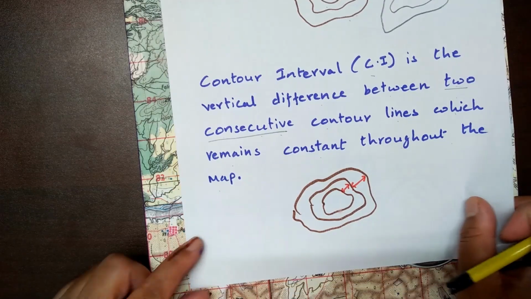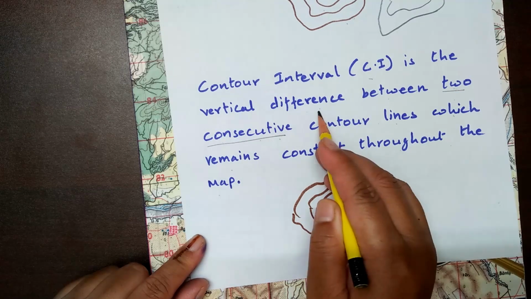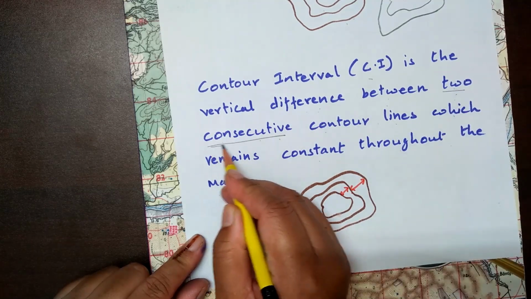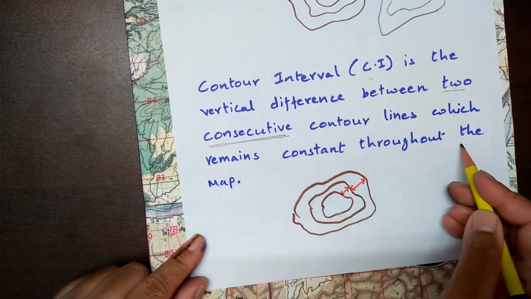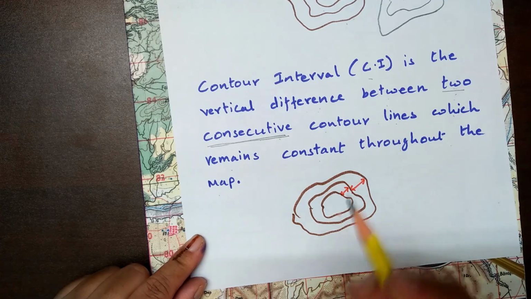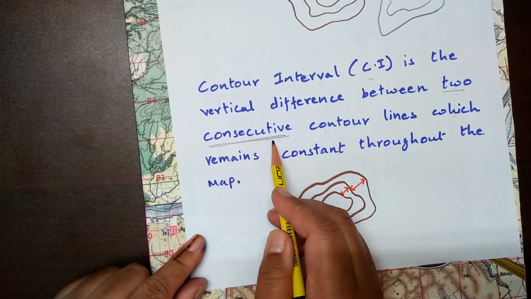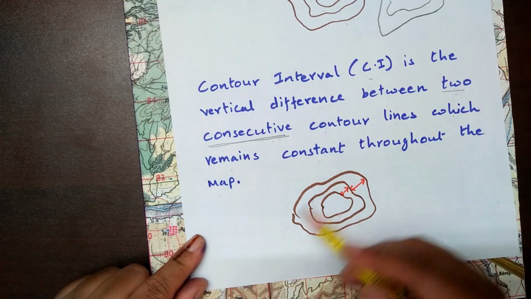Now next, what is contour interval? Contour interval is the vertical difference between two consecutive contour lines, which remains constant throughout the map. Remember, it is a difference between two consecutive contour lines. Don't write just two contour lines; it's consecutive contour lines.